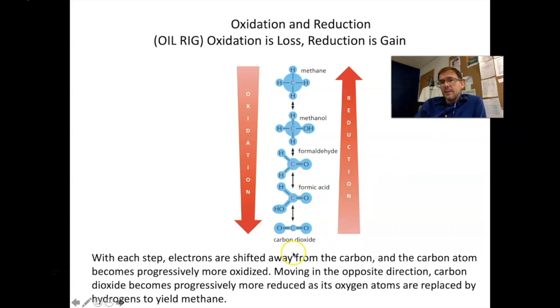Or conversely, right, we can take carbon dioxide and have it undergo a subsequent series of molecular changes, and with it the reduction of the number of oxygens within that molecule means that the electrons are no longer attracted to the oxygen, and they're sharing more of their time, spending more of their time with the carbon, so the carbon's getting reduced.